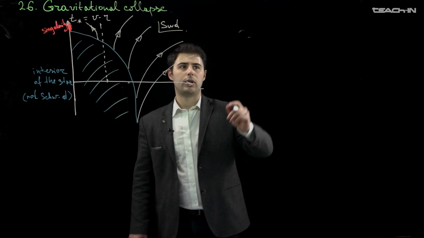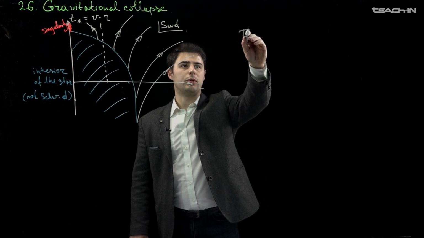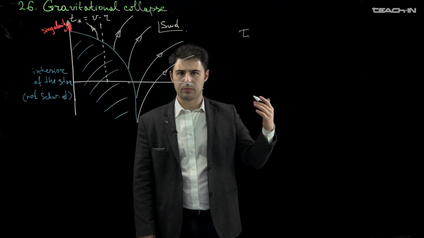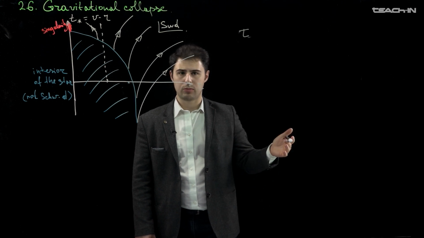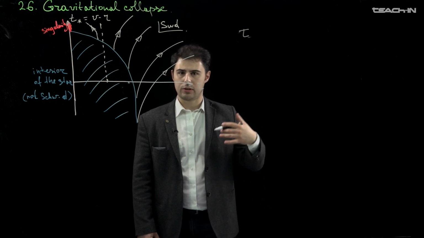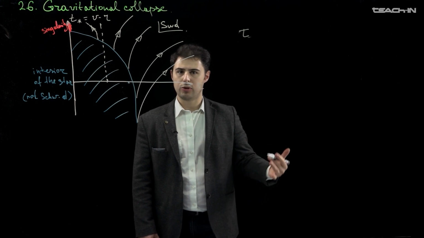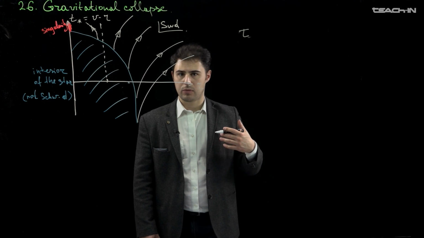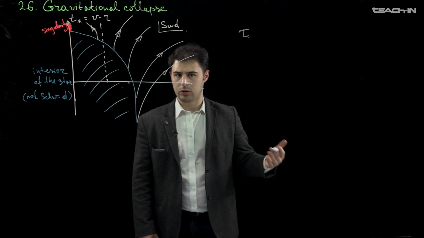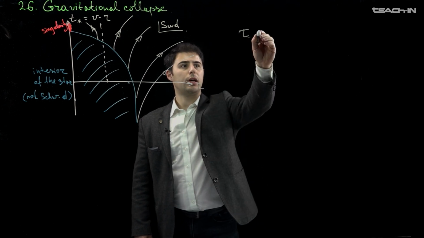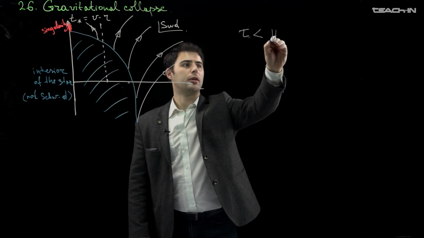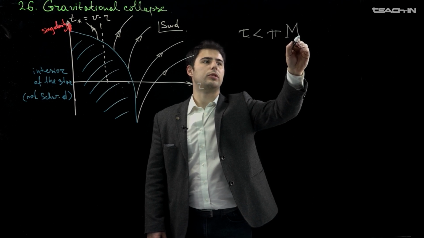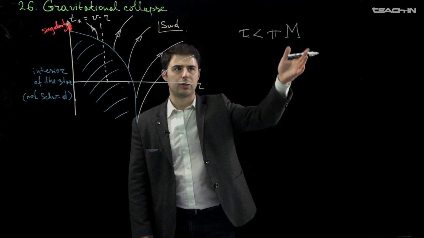One can show that the affine proper time of any possible massive observer, that is, whose world line is described by a time-like curve which doesn't need to be geodesic, is bounded by pi times the Schwarzschild mass of the solution.